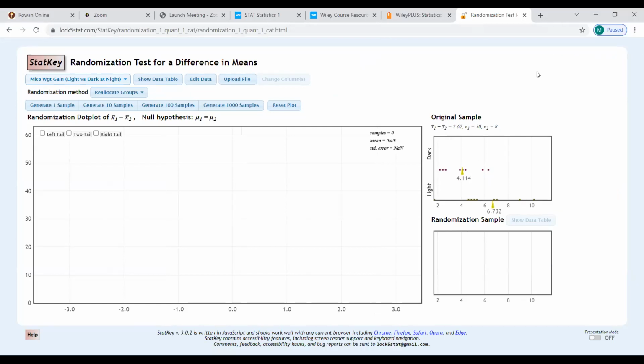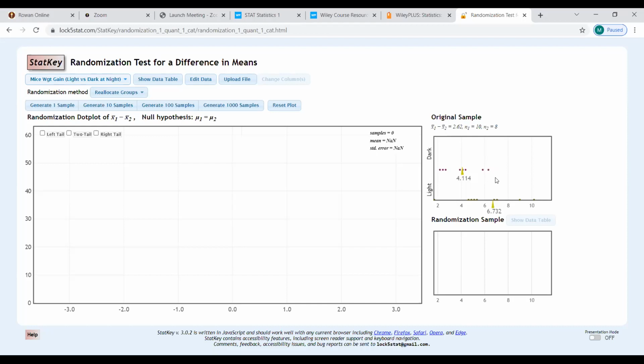Off to the right here it gives the original sample. The original sample had 10 mice in the group that got exposed to light at night, and then there were 8 who were not exposed to light, just regular dark conditions at night.